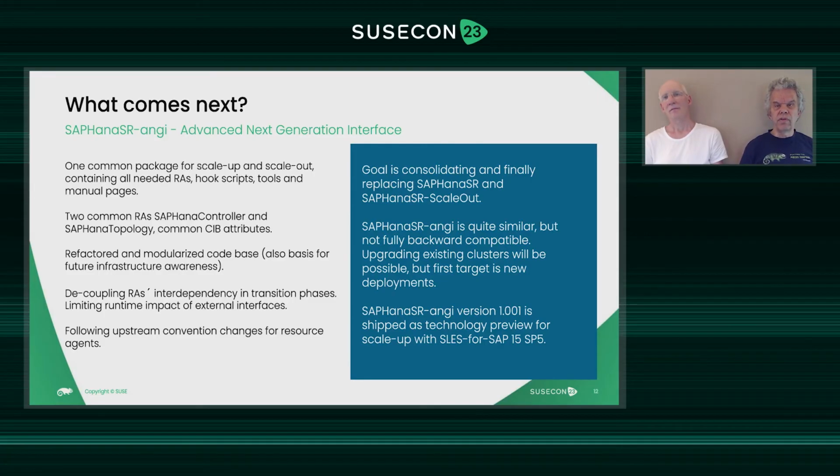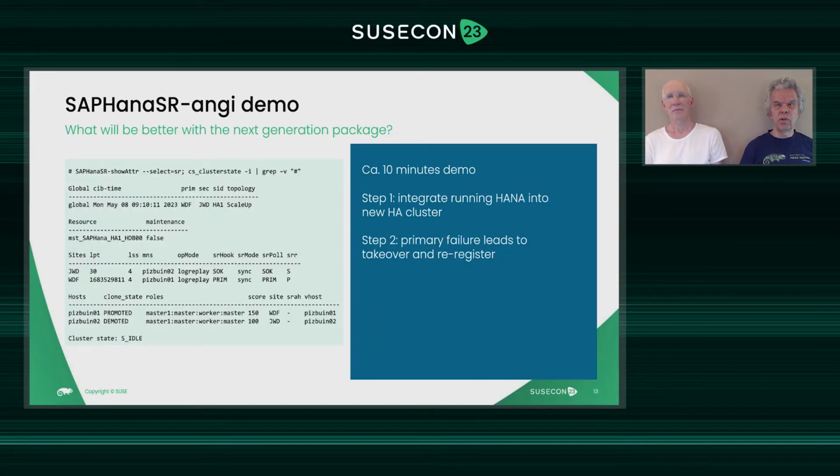And this is also what we want to show you in this SAP HANA SR Angi demo. It takes around 8 to 10 minutes. In the first step, you integrate into an already installed HANA with a prepared cluster, and we now want to integrate these two parts.